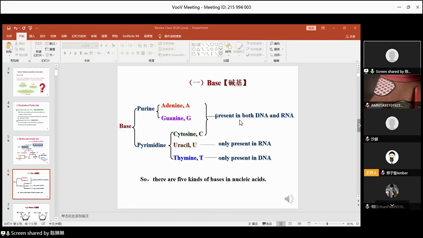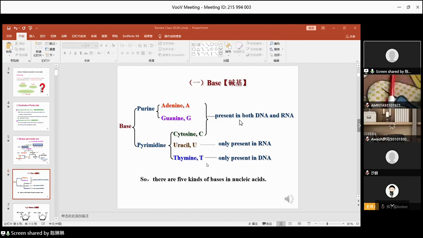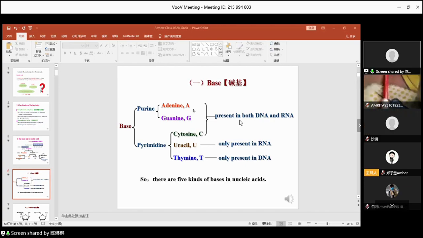In DNA, there are adenine A, G, C, and T, okay? But in RNA, there are A, G, C, U, okay? So there are 5 kinds of bases in nucleic acids, but there is a difference between RNA and DNA. So please remember this. And also in this part, I will give you a single choice question.